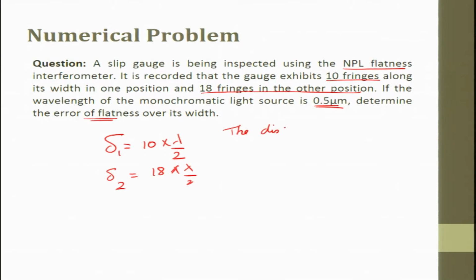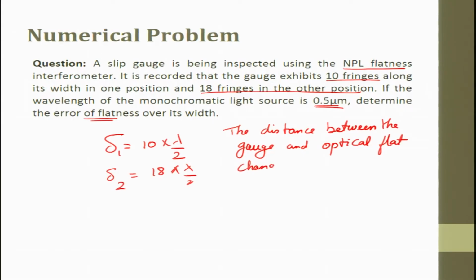The distance between the gauge and the optical flat changes by lambda by 2 between adjacent fringes.